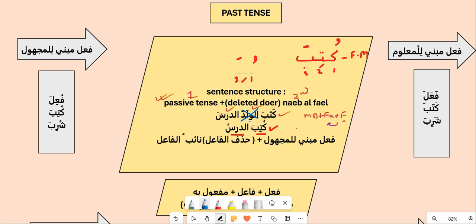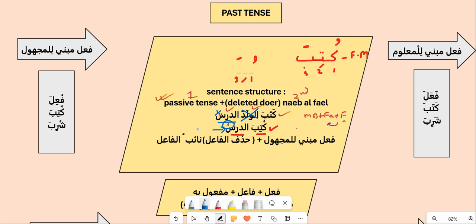Now, when you delete the fail, what happens? What happens to the maful bihi? The maful bihi comes in the place of the fail and plays the role of the fail. In order to play the role of the fail, it loses its haraka fatha and takes the haraka of the fail.